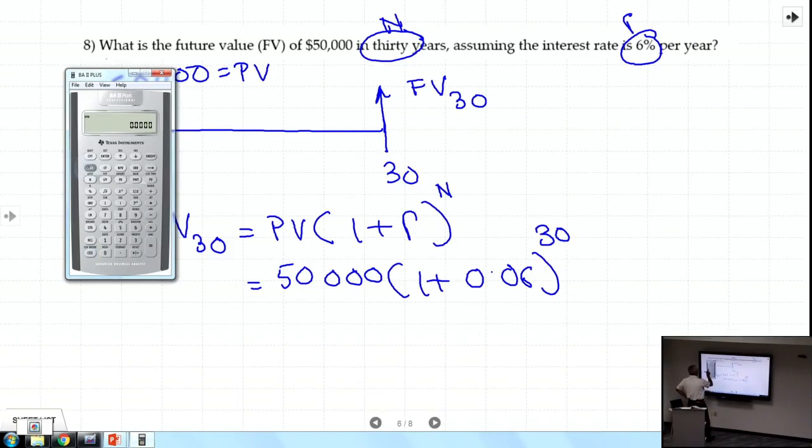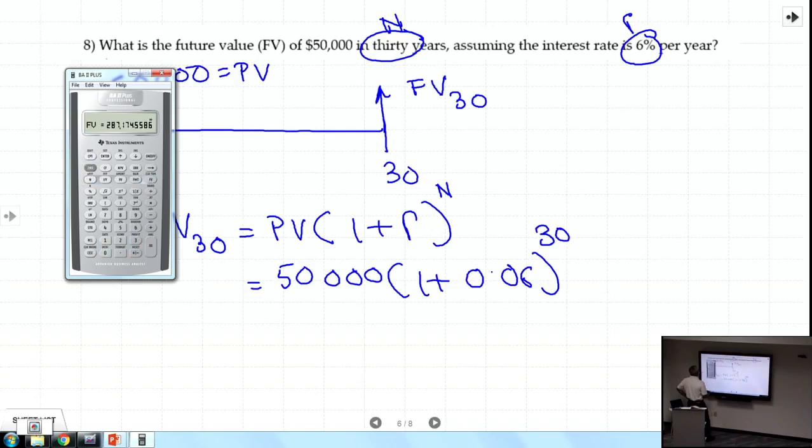Again, clear TVM. 50,000 is my present value, but the calculator convention is to change that to a negative sign. That's my present value. 6% is my IY. 30 is my N. And I'm computing future value.